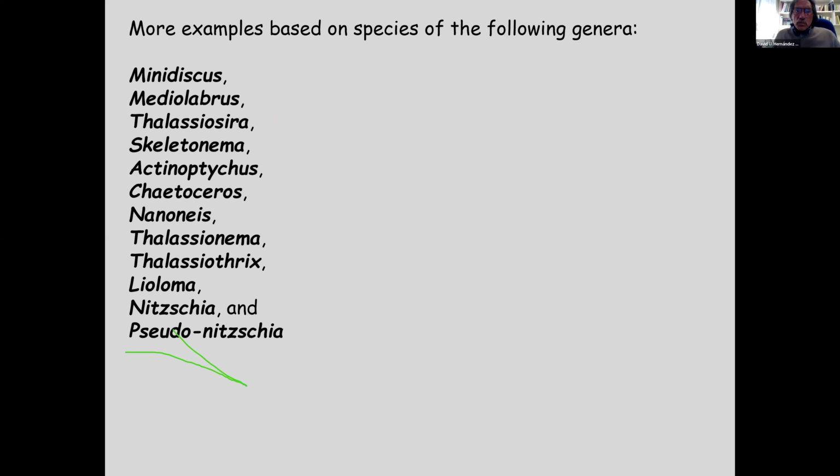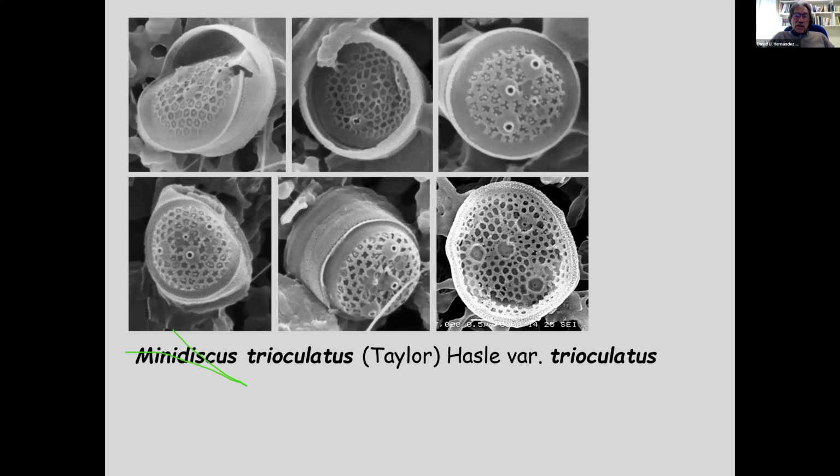I am going to give you some more examples of the diversity of marine planktonic species in the Mexican Pacific with different genera: Minidiscus, Mediolabrus, Thalassiosira, Skeletonema, Actinocyclus, Chaetoceros, Nanoneis, Thalassionemataceae, Lioloma, Nitzschia, and Pseudo-nitzschia.